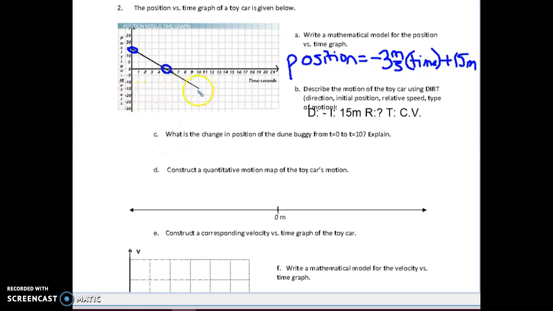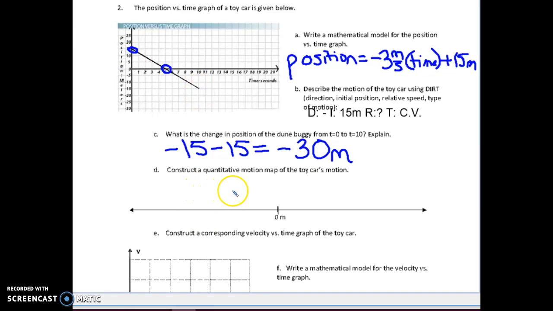My final position at time 10 seconds is negative 15. My initial position at time 0 is positive 15. So I'm going to say negative 15 minus 15, which is going to give me negative 30 meters. And that's how much it changed from time 0 to time 10.